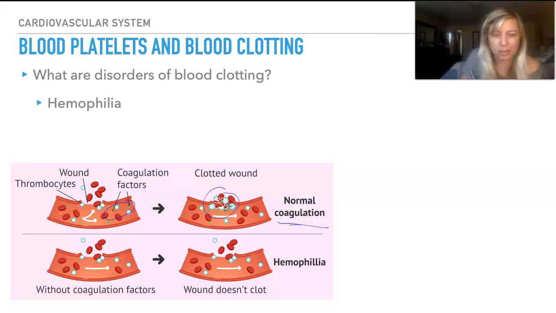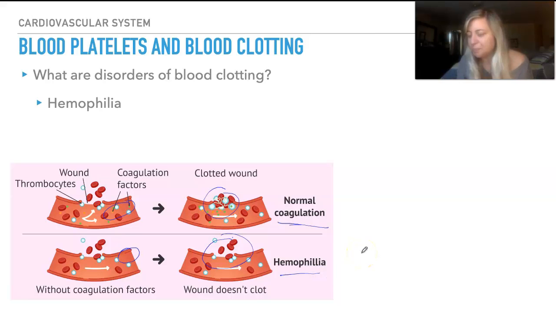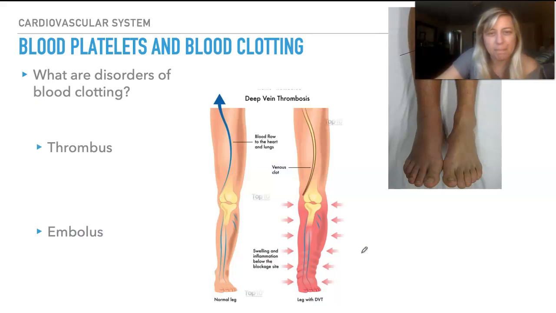Normal blood coagulation. In hemophilia, certain coagulation factors are missing from the blood. And so if we're missing just one of those, that whole cascade of events can't happen, and we don't get the clotting that we normally would. We don't get stoppage of bleeding in as quick of a time. And so people with hemophilia are at risk for increased bleeding because their blood doesn't clot properly.